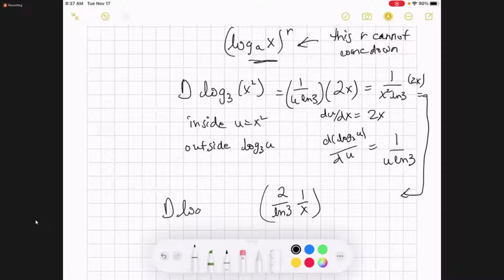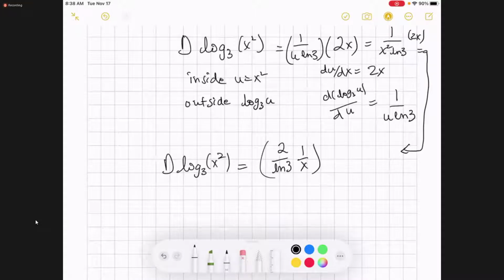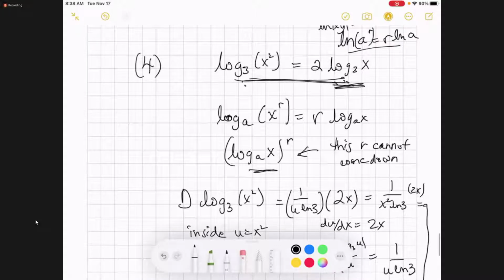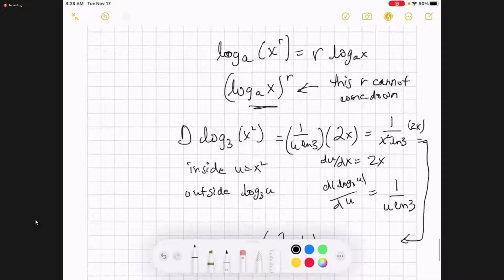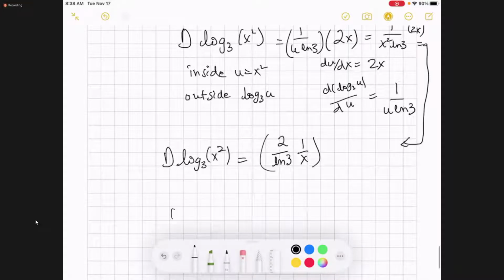That's doing it without bringing the 2 down. If I use this instead, the derivative of 2 times the log base 3 of x, well, the 2 is just a constant.